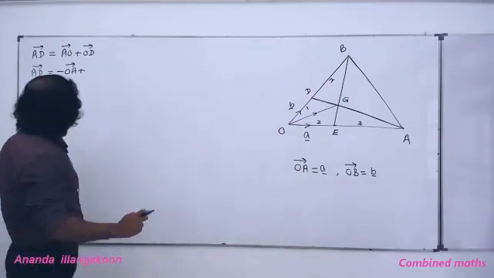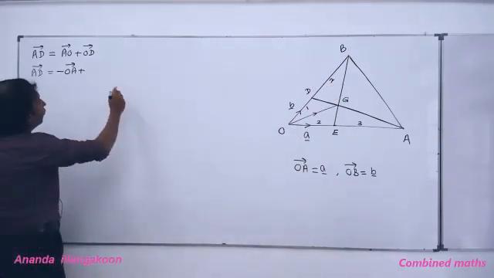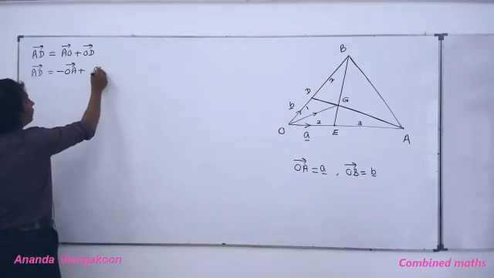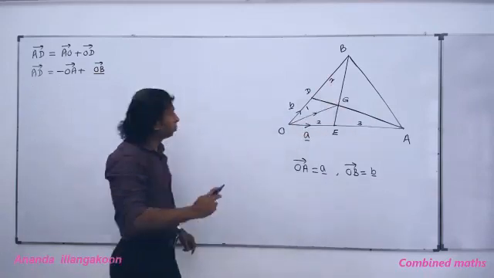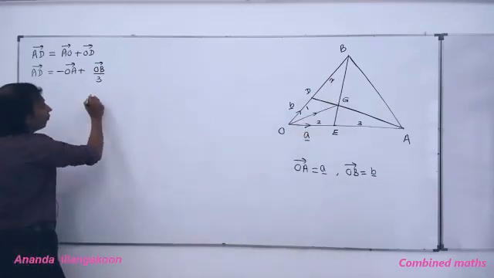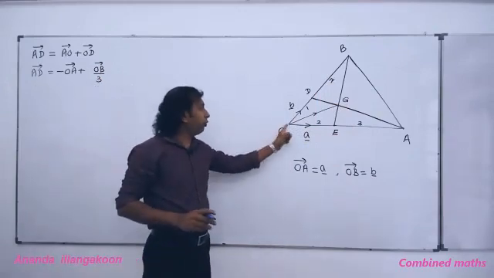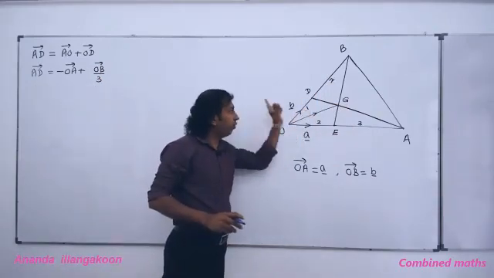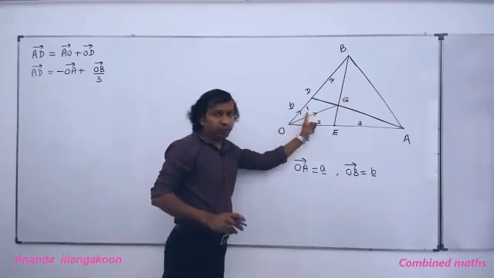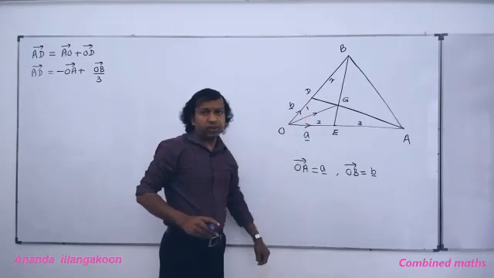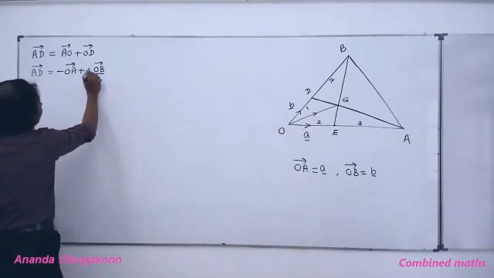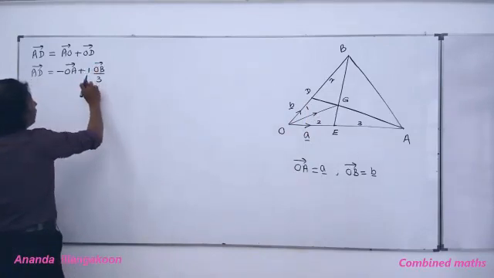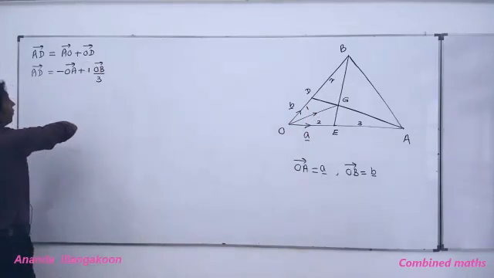So OD vector is OB vector divided by 1 plus 2, the sum of the ratios, and then multiplied by the value 1, which is the ratio figure corresponding to this OD. When you multiply by 1, it won't change. We take it like this.